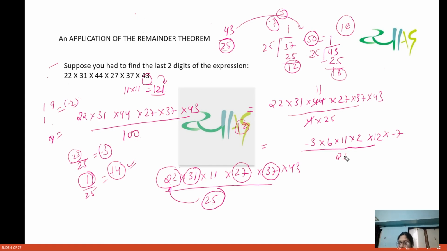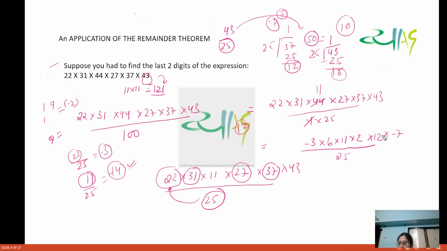Now this is left to be 25. Okay, so see what I will do here is I will make these very close to 25. All right, I will make these very close to 25. So let's see how I can do this. See, you have 3 into 2 and this is 11. So this will become nearly equal to this.